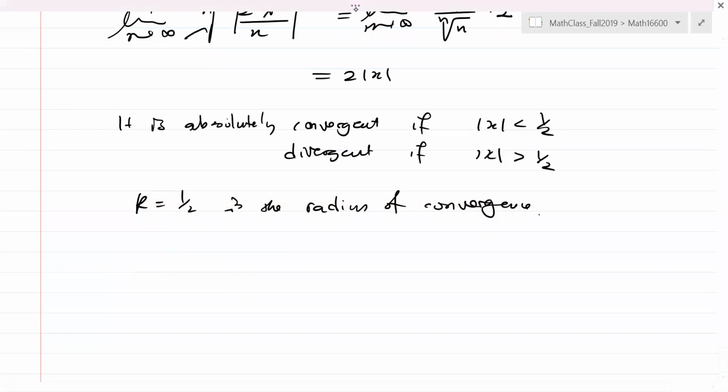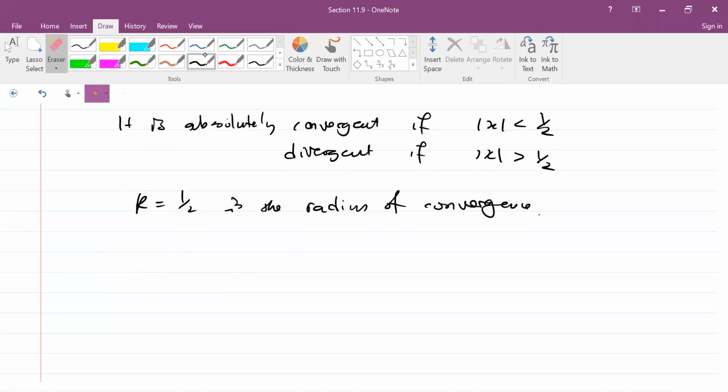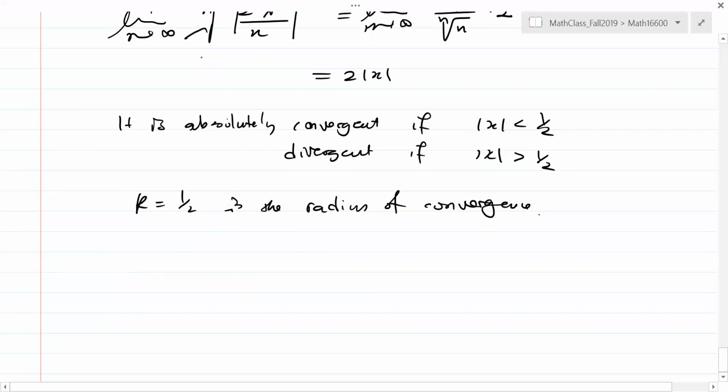So there's another concept called the interval of convergence. The interval of convergence is the set of all x for which the series converges. Right now we have an open interval.